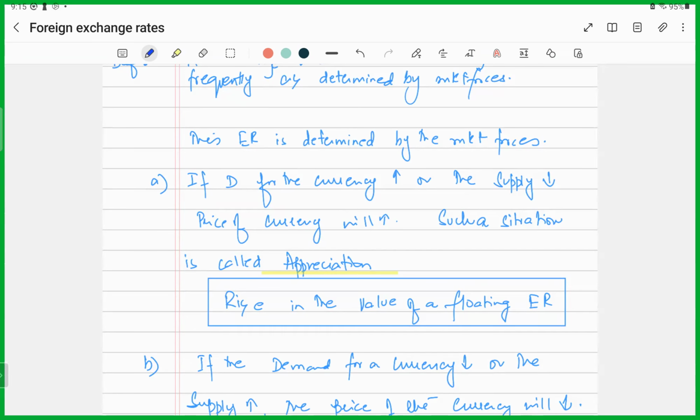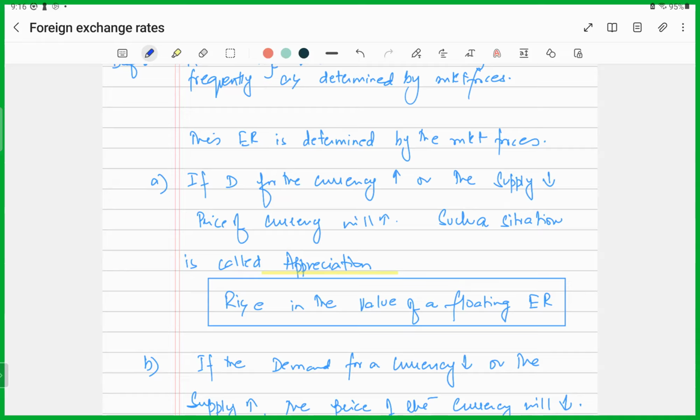When the demand for a currency increases or the supply falls, causing the price of the currency to increase in terms of another, such a situation will be called appreciation. Or in other words, a rise in the value of a floating exchange rate.